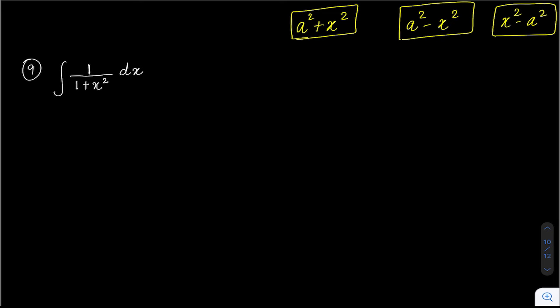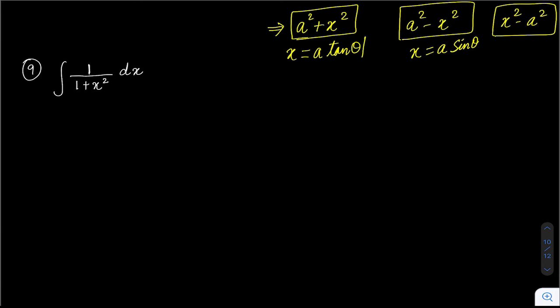Now, what are the substitutions? Whenever you have a square plus x square, you have to use the substitution x equal to a tan theta. That will simplify the question. Whenever you have a square minus x square, you have to use x equal to a sine theta or a cos theta, whichever you like. In fact, in the first one, you can use x equal to a cot theta also.